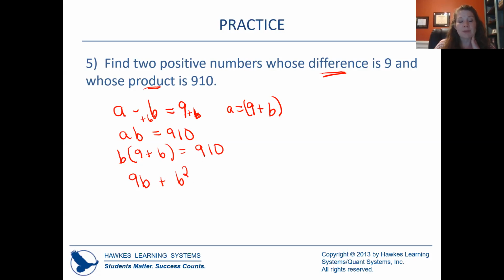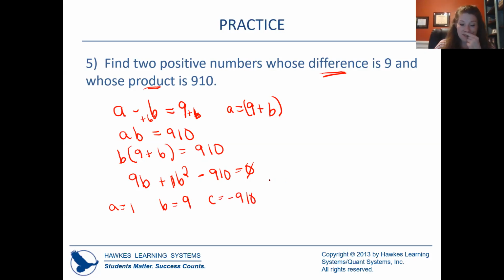And then we're going to end up subtracting 910, so we can set this equation equal to 0. Remember, our A is always times the variable that's squared. So A is 1, B is 9, and C is negative 910.